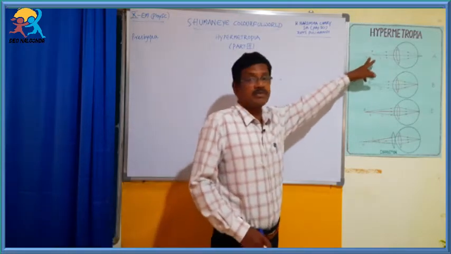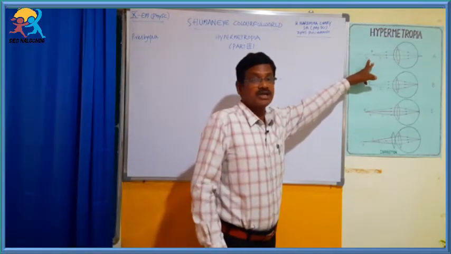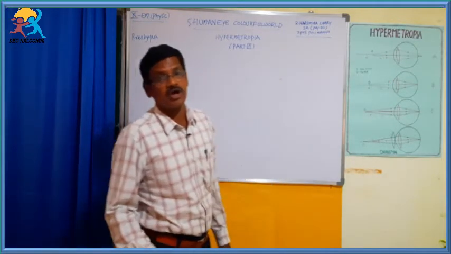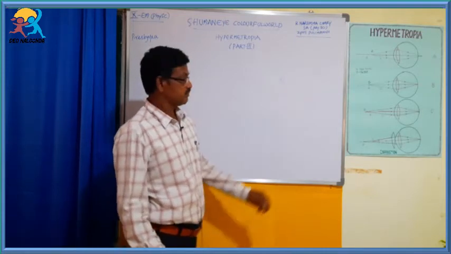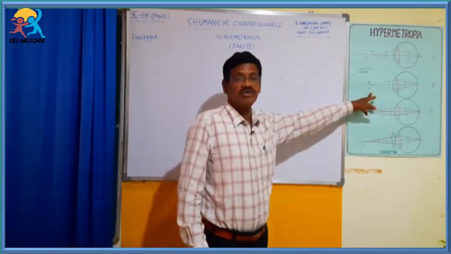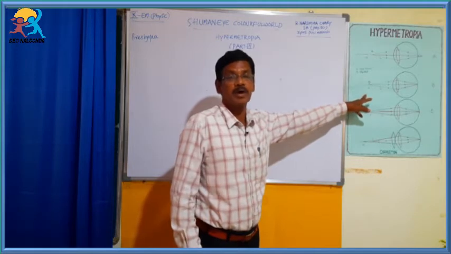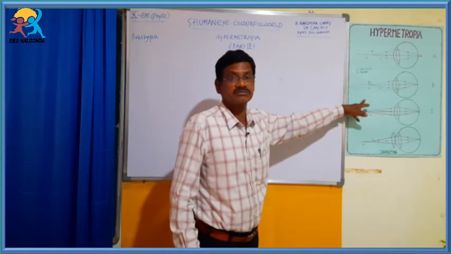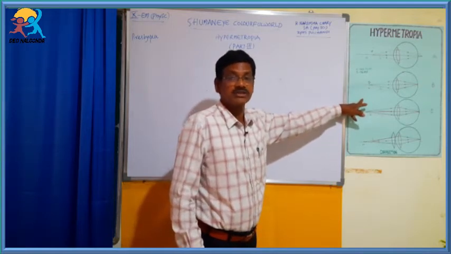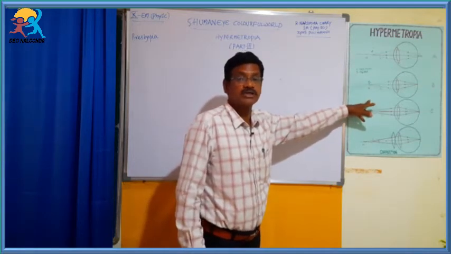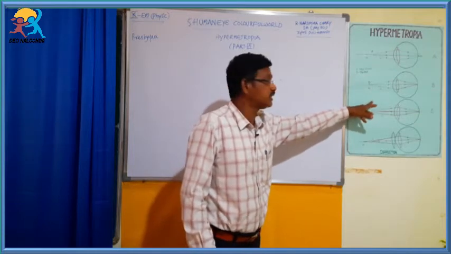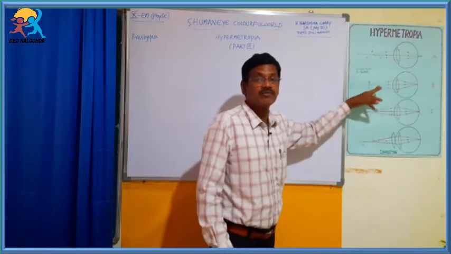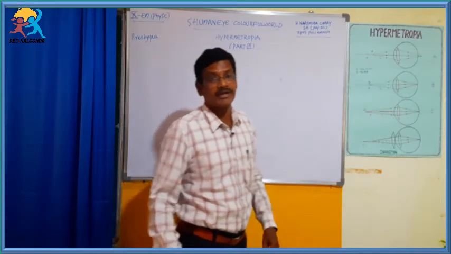And if an object is kept between point H and point L, the person cannot see the image of the object, because in figure 2, we call H the near point, that is, the point of least distance from which the image of the object is seen by the lens, or the image of the object is formed on the retina.